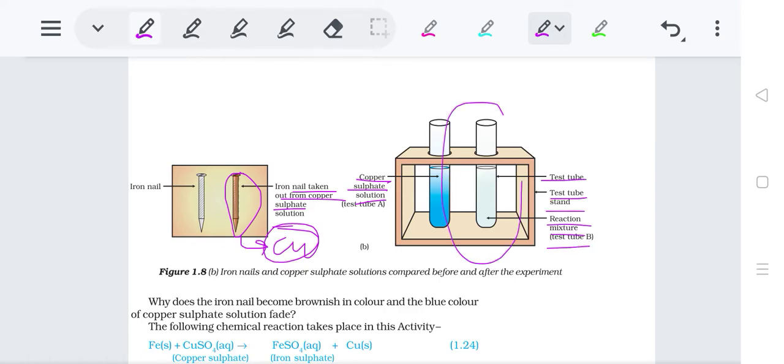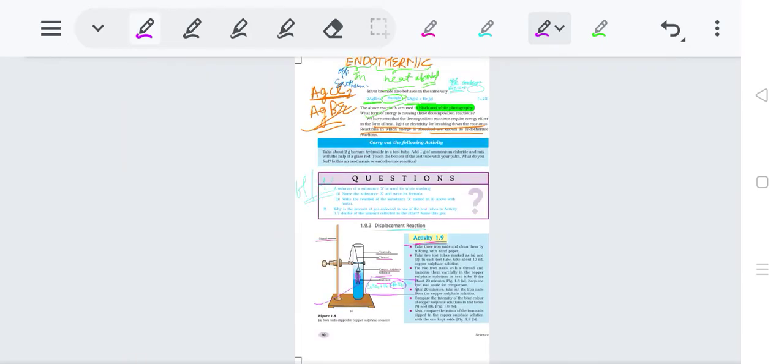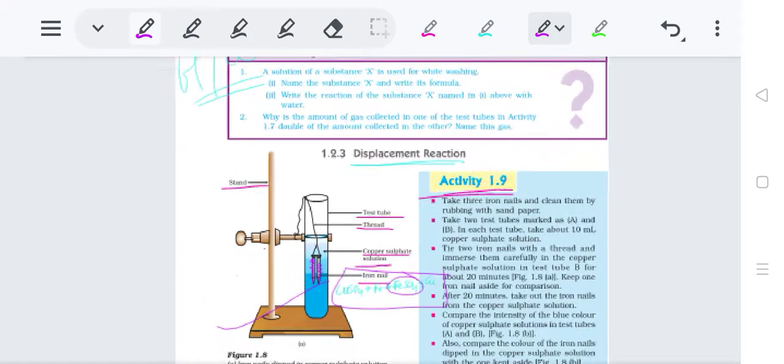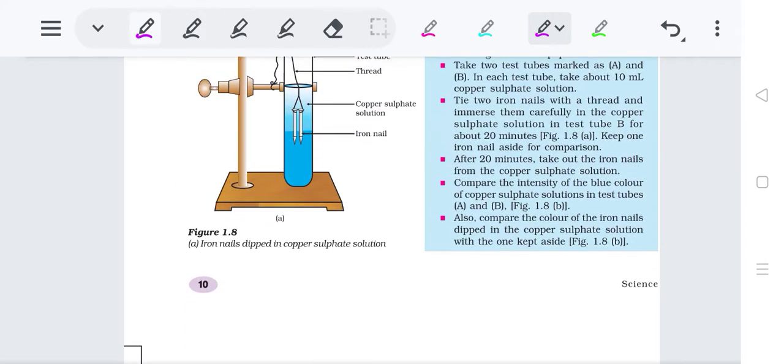So this is test tube B, and this is test tube A. In this, copper sulfate is blue in color, and this is ferrous sulfate, which is almost white or transparent, you may say. Sorry, I told you a little wrong. So this deposition is of copper. Okay, please don't spread it.